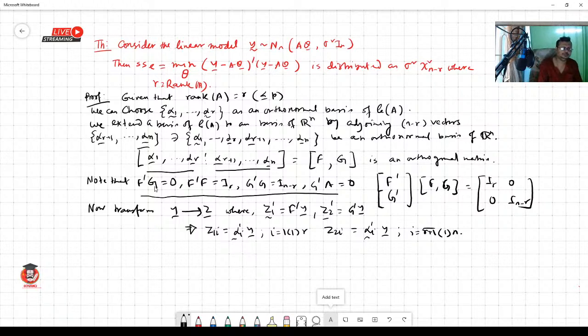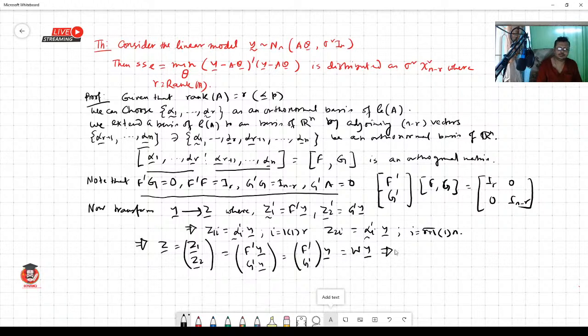So therefore, z curl, consisting of z1 curl and z2 curl, is W prime y curl, where y curl equals W inverse z curl, since W is an orthogonal matrix, so it is invertible.